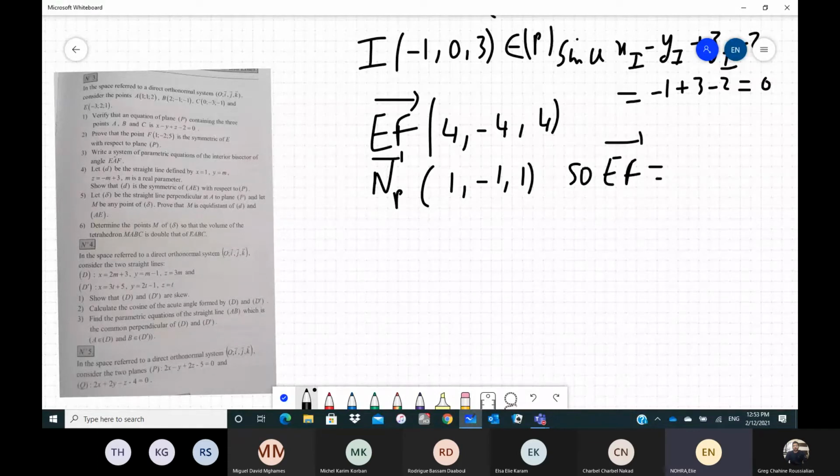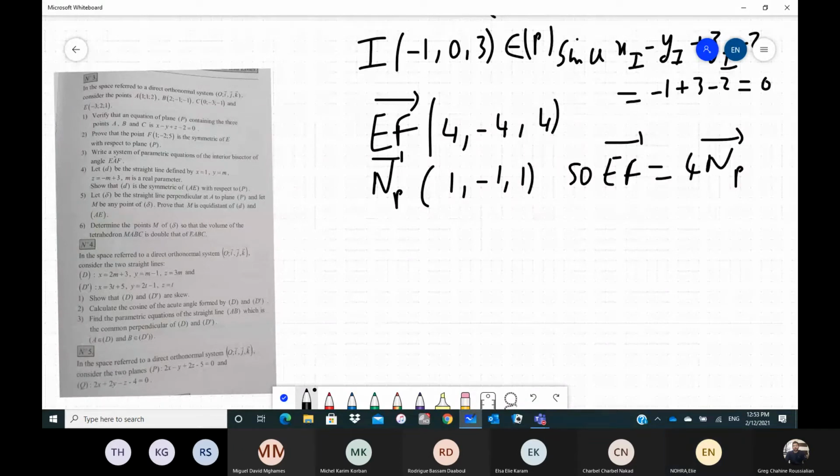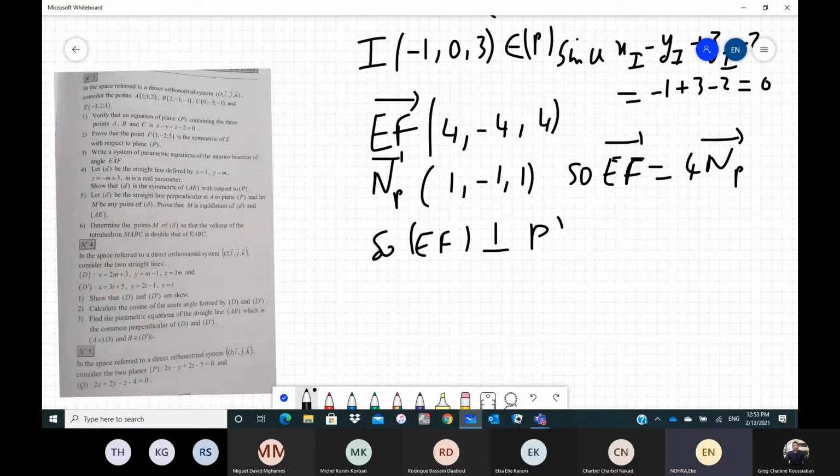So EF is 4 NP. So EF is perpendicular to P and hence the result. كلنا فهمنا؟ Yes, sir.